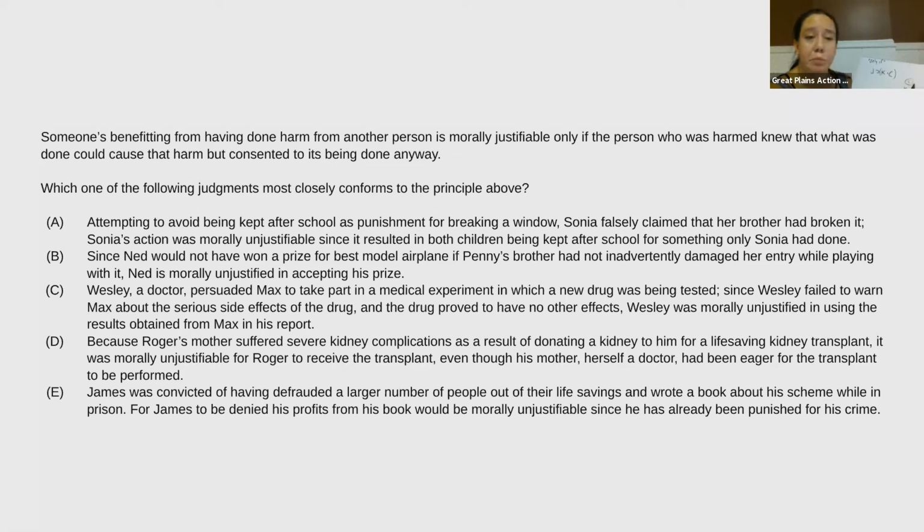If we're pushed for time, we move on, but try to go through these last two really quick. Because Roger's mother suffered severe kidney complications as a result of donating a kidney to him for a life-saving kidney transplant, it was morally unjustifiable for Roger to receive the transplant, even though his mother, herself a doctor, had been eager for his transplant to be performed.